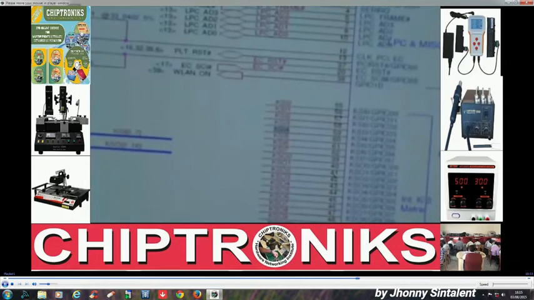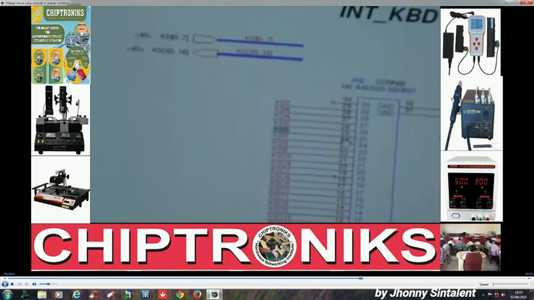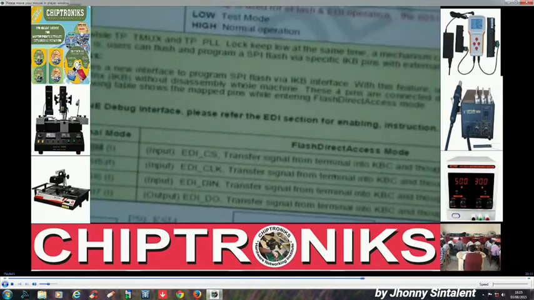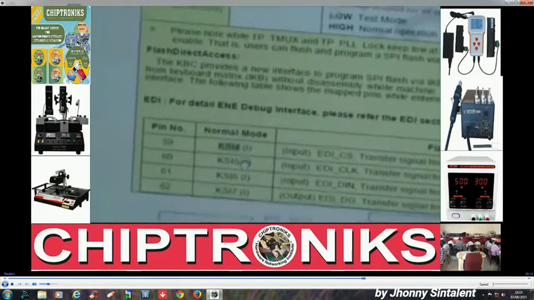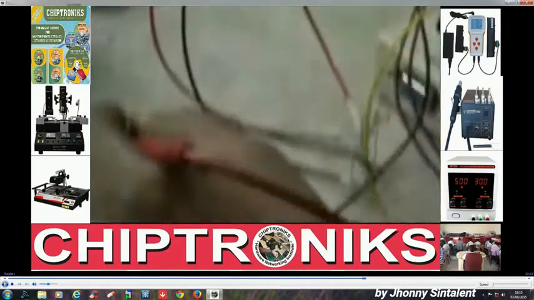KSO means keyboard scan out. I've already explained this in my IO class. So KSI5 is pin number 25. So we are connecting this KSI5 to pin number 25 of the keyboard connector.